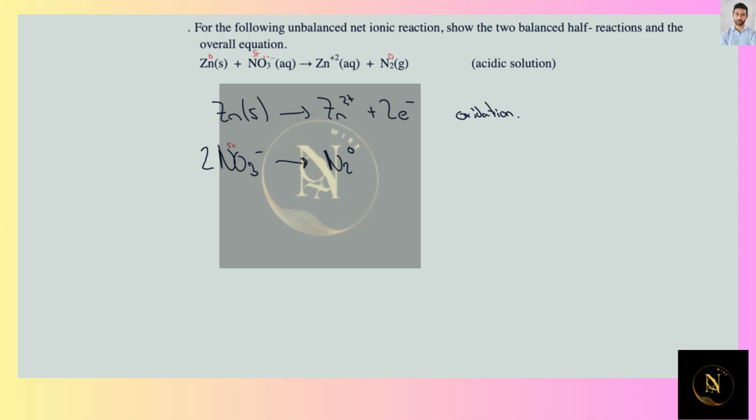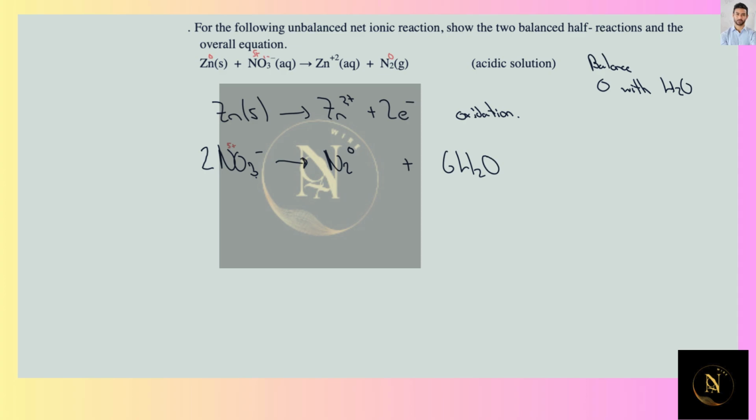So when we balance in acidic medium, the first thing to do is to balance oxygens with waters. In this case, we're going to have 6 oxygens. That means that we're going to require 6 H2O.